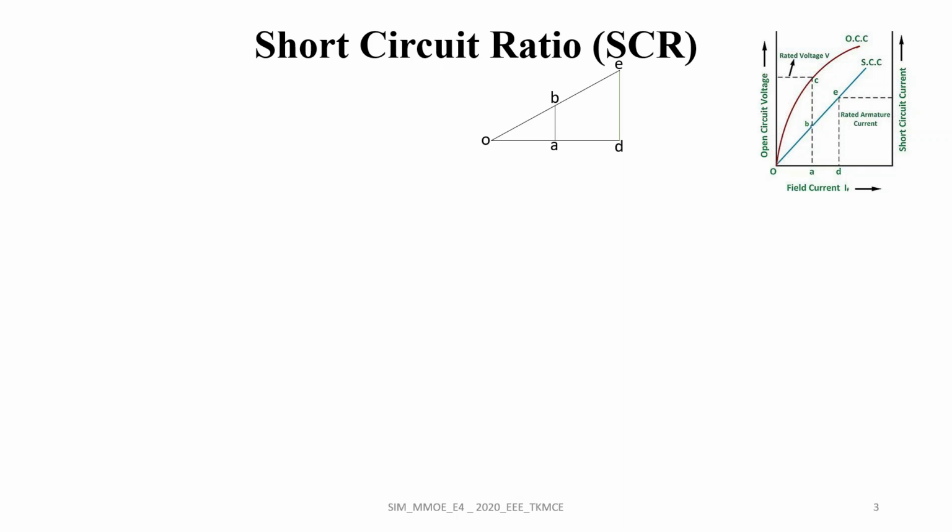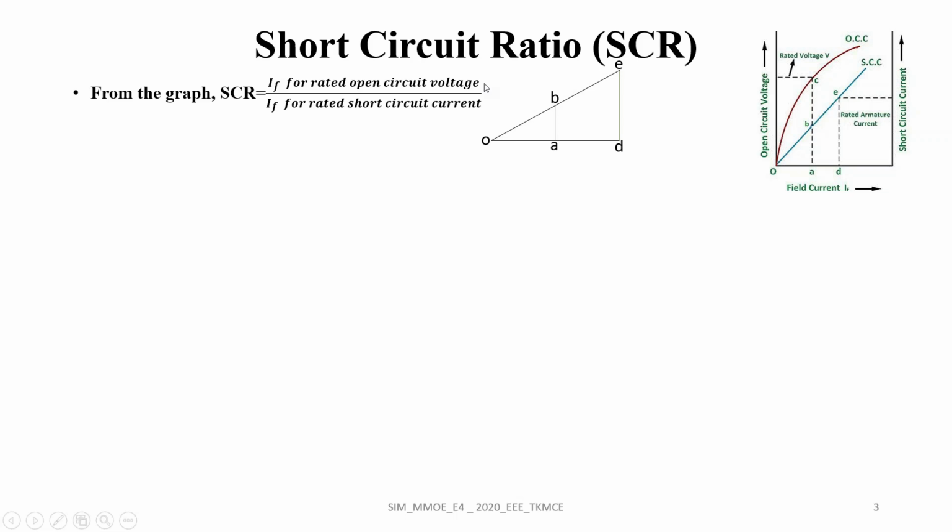That is the only concept required in order to derive the expression for SCR using these diagrams. From the graph, SCR is equal to the field current required to generate rated voltage under open circuit condition to the field current required to circulate rated armature current under short circuit condition. That is IF1 by IF2. IF1 is OA and IF2 is OD.